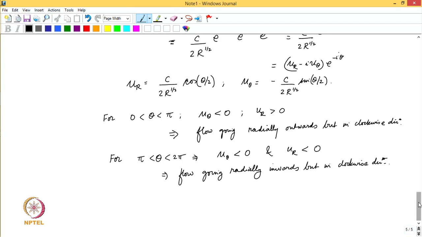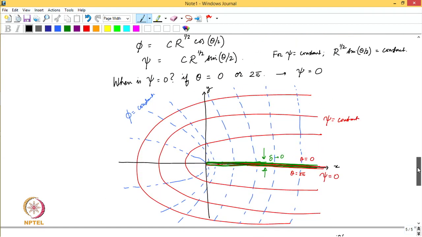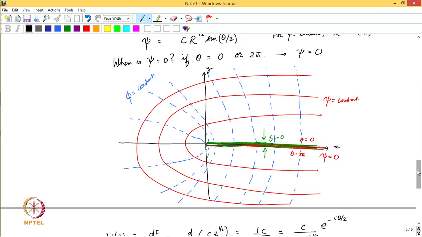So, this is inwards, but in the clockwise direction. Now, can we draw the velocity vectors? Now that we know between 0 and pi, which is the first two quadrants, the upper half, that the value of u r is positive, and in the lower half the value of u r is negative. I hope you could do this, but for your convenience let me draw this on these streamlines.